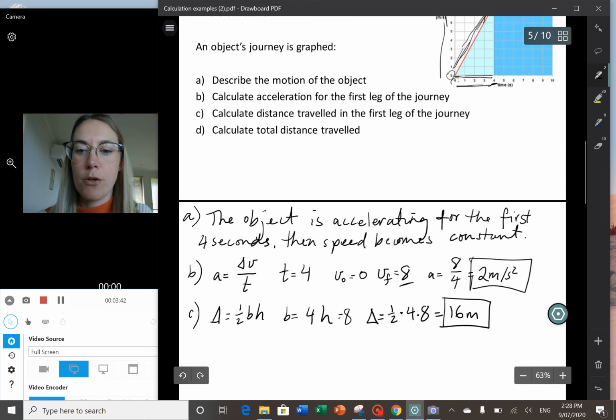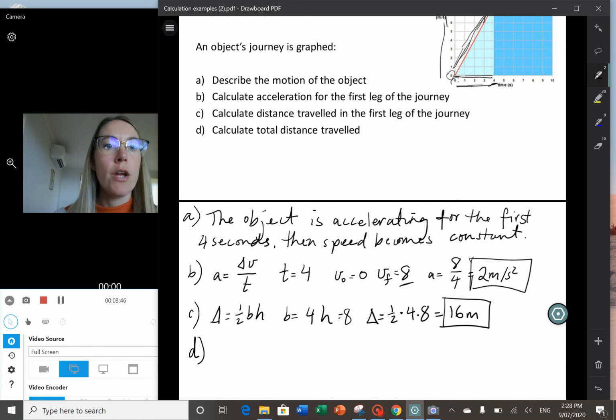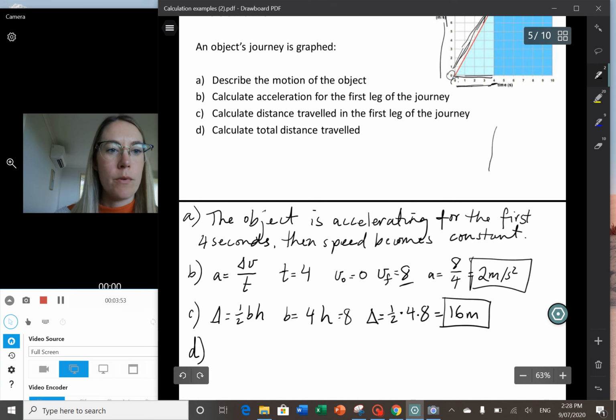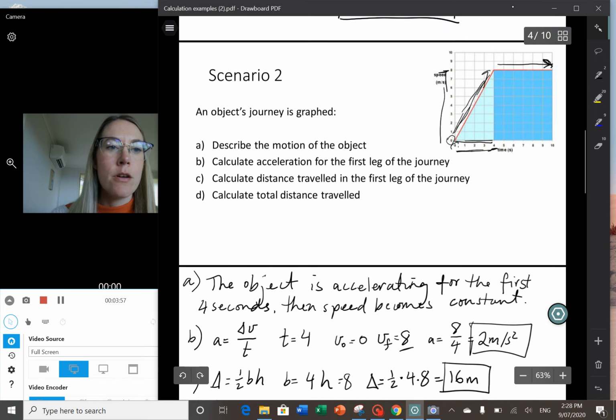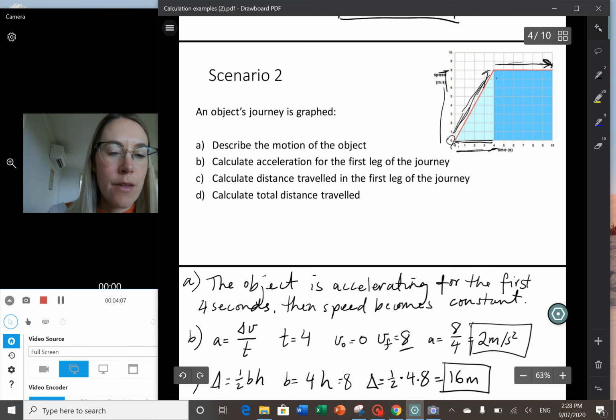And using the same logic, we can solve for part D as well. Calculate the total distance travelled. So we already know that in the first leg of the journey, the object has travelled 16 meters, and we did that by calculating the area of the triangle. So now, to finish off and calculate the total distance, we just calculate the area of this rectangle and we add it to the area of the triangle.